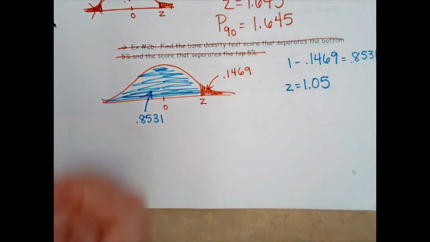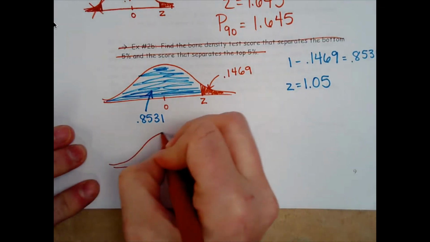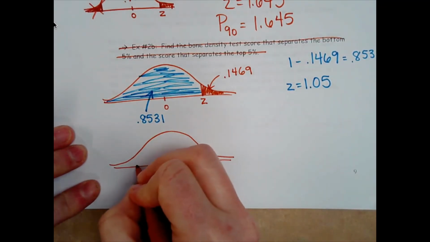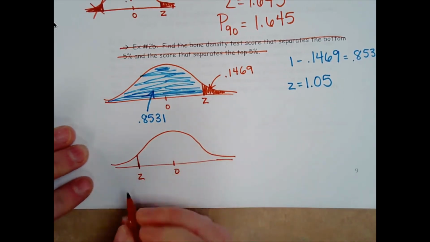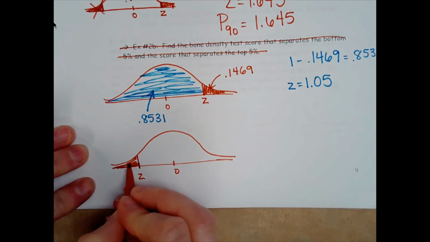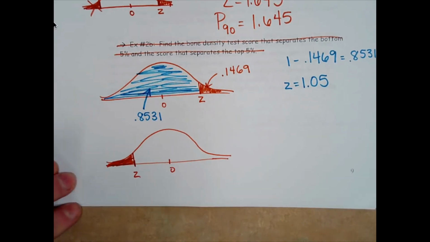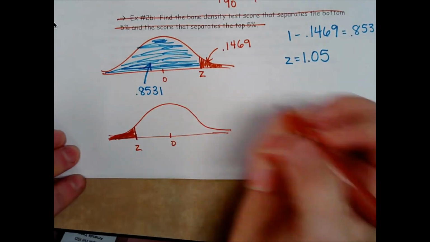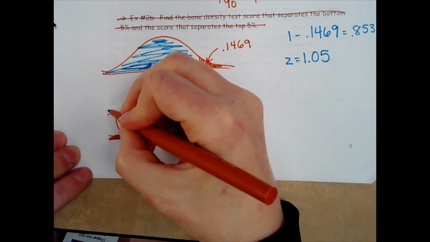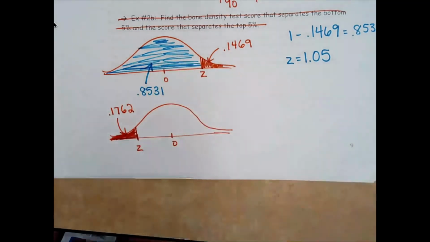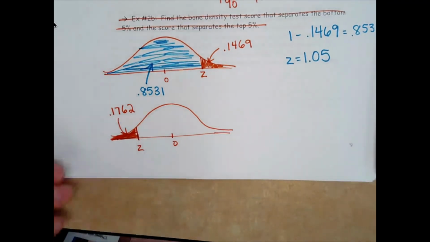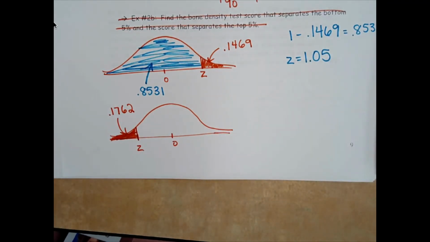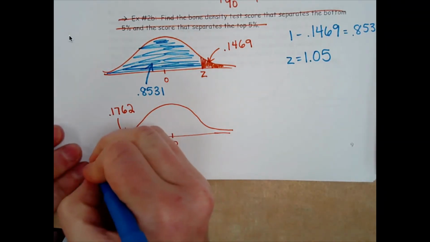Okay, we're going to do one more like that. This time it's going to be on the negative side. And that's what we're given. And they're going to say that this area is 0.1762. So we already have the area to the left, so we need to look at the negative.